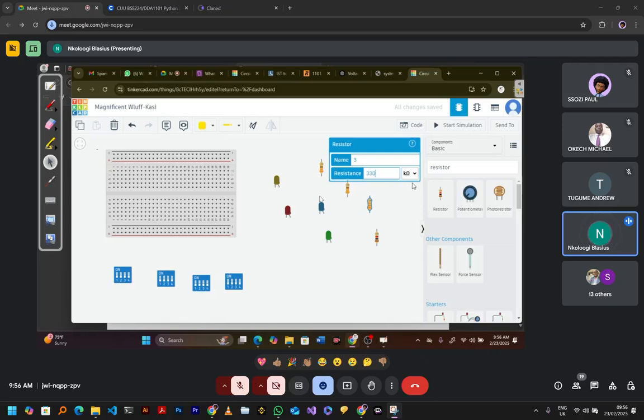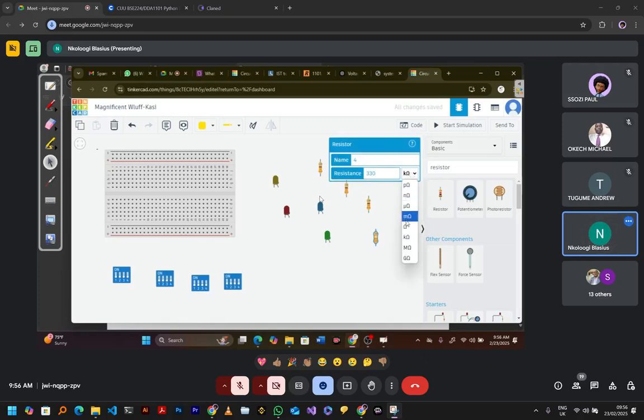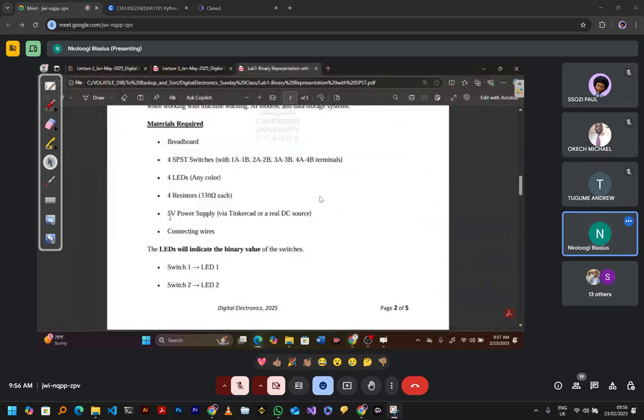Be very fast so that you can spend more time on the analysis. Next, search for power supply.